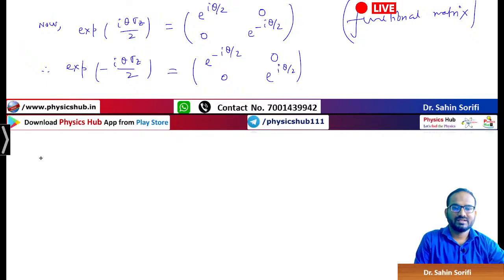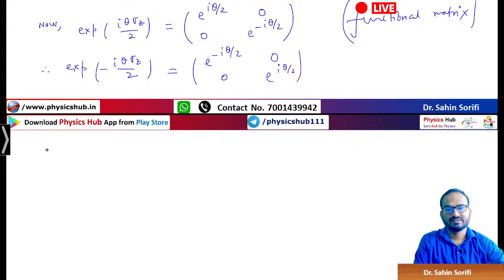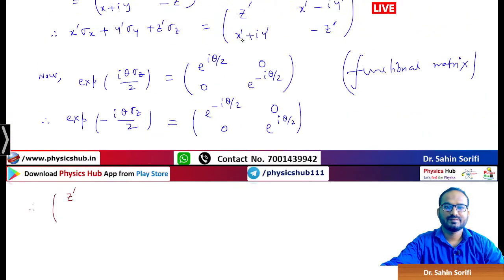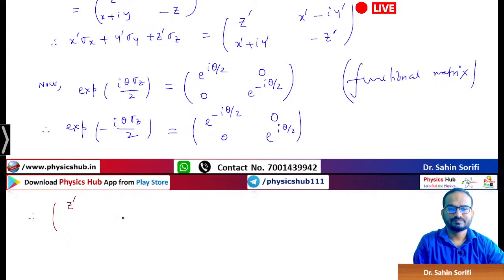On the left hand side we have x prime sigma x, y prime sigma y plus z prime sigma z. So we have z prime, because this value is z prime, x prime minus i y prime, x prime plus i y prime minus z prime.